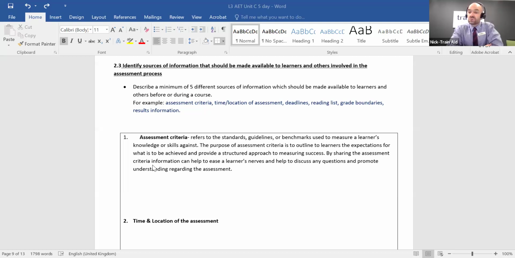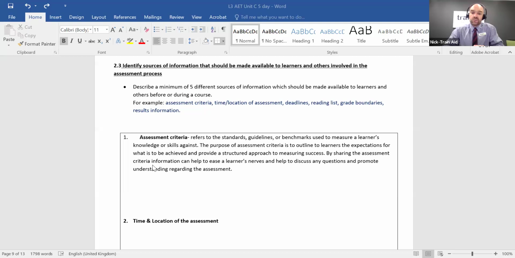So the assessment criteria, in my own words, refers to the standards, guidelines or benchmarks used to measure a learner's knowledge or skills against. So when beginning a new course or even before the course, if you have a course specification or a handbook that you can give to learners, this is going to improve their knowledge about how the course or qualification is graded or assessed, and also the assessment methods used as well.